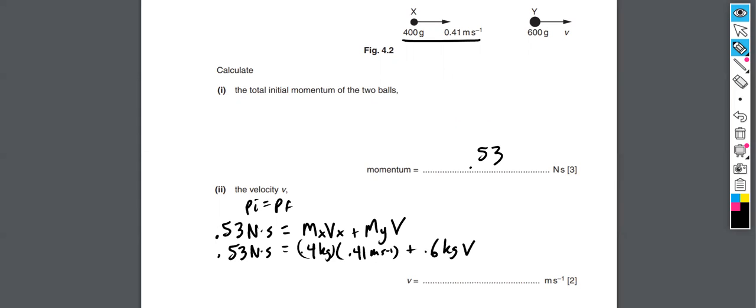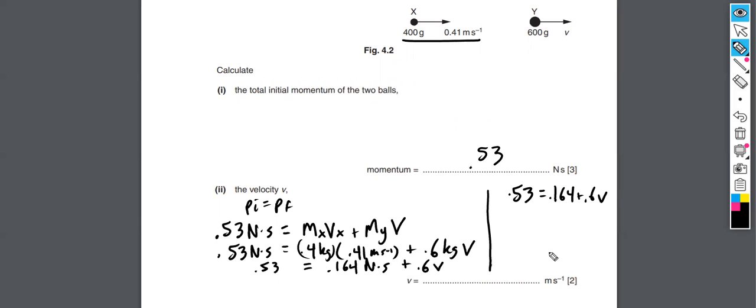We can calculate that object x has a momentum of 0.4 kilograms times 0.41 meters per second, or 0.164 Newton seconds, plus 0.6 v equals 0.53 on this side. I'm going to rewrite it over here: 0.53 equals 0.164 plus 0.6 v.